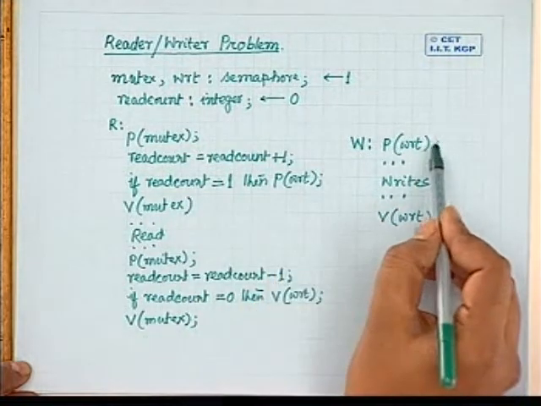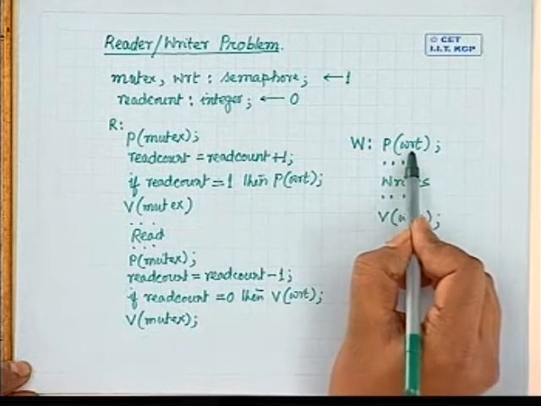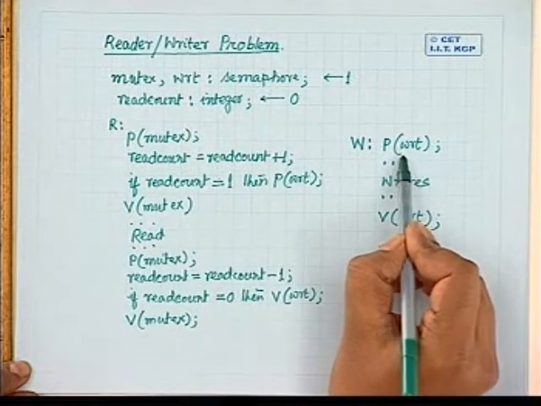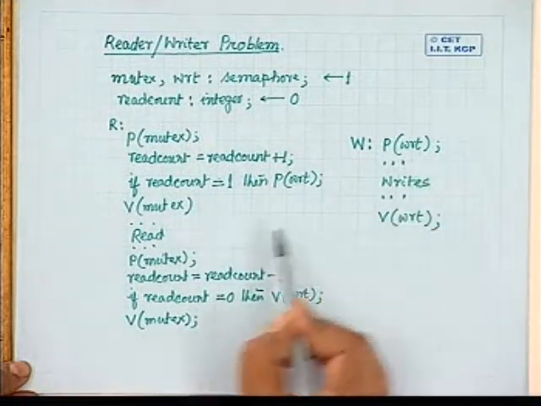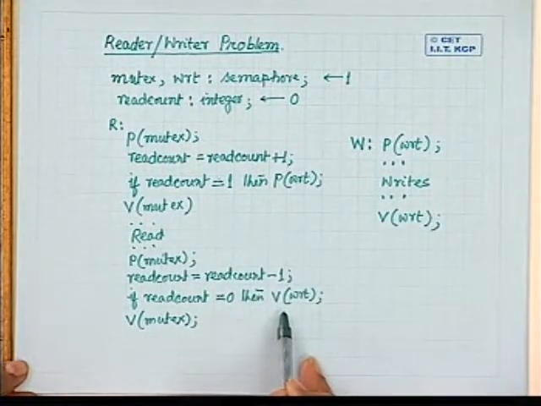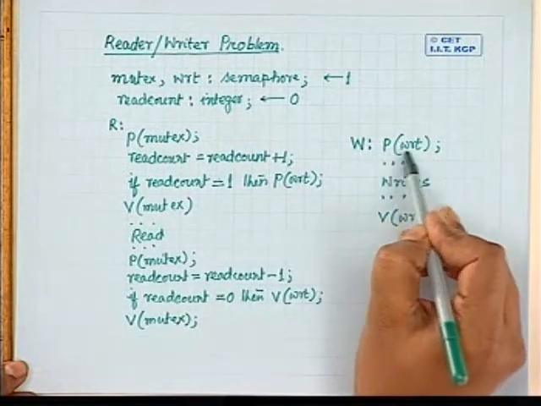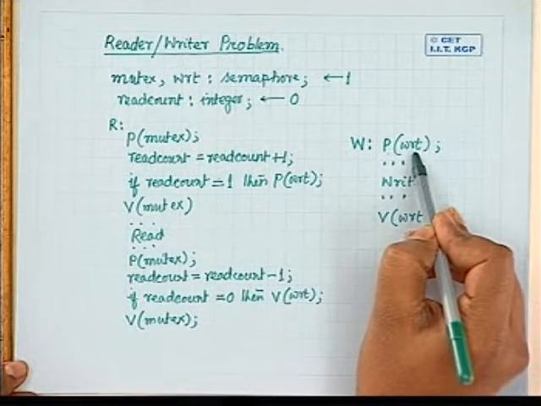Okay. So, the writer process, which also first performs p write operation, won't be able to execute p write successfully because the corresponding v write has not been executed yet. Okay. So, the writer process will be blocked on this p write operation, right.